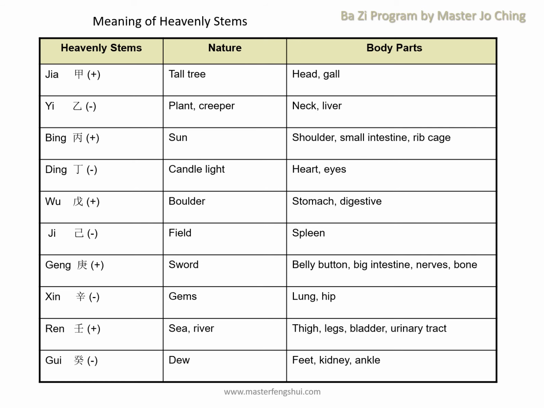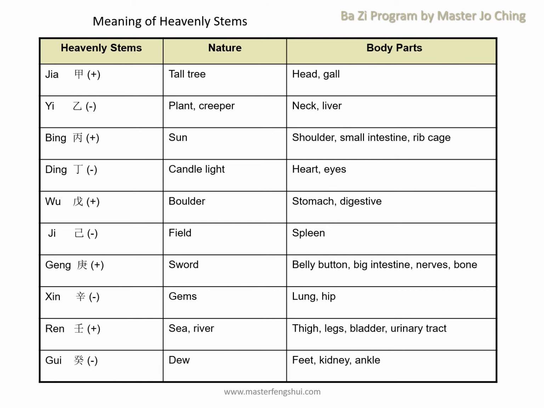Usually the wood element represents the liver, gallbladder, or even limbs. Fire usually talks about your eyes, your cardiovascular system, your blood circulation. And earth usually talks about the spleen, stomach, digestion, because they are in the middle. In terms of direction, let me go back to wood again.